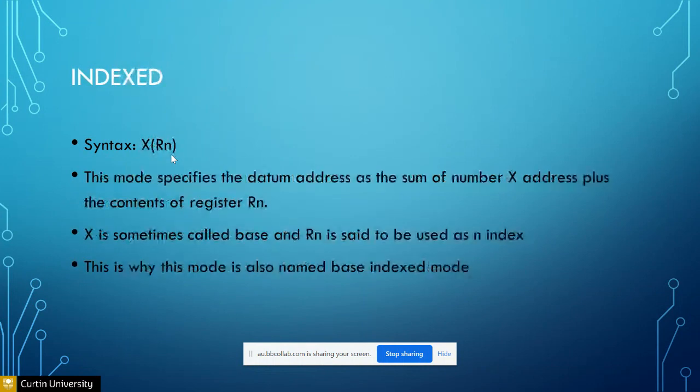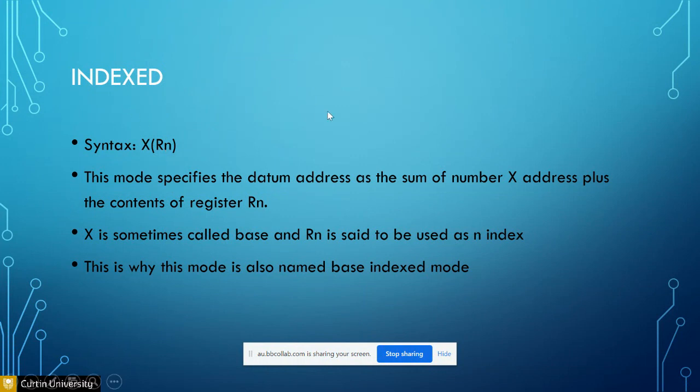And then you have index. You can have an address X plus the contents of a register. Let's say, for example, you have an address 256A, and then you have Rn. The value in Rn is added, so you get X plus whatever value is in Rn, and the value will be stored at that particular address.